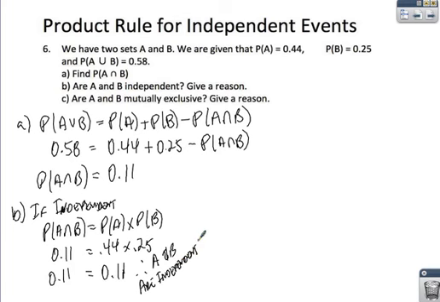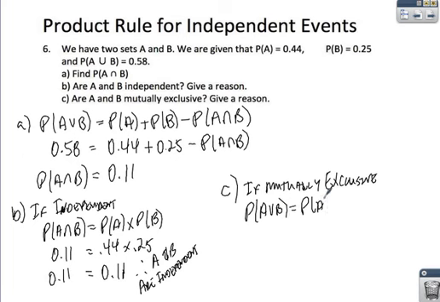Okay. In C, two events can't be both independent and mutually exclusive, so we already know our answer for C, but we'll do the process anyways if we didn't know. If they were mutually exclusive, they must satisfy the formula for mutually exclusive events, which is P(A union B) must equal P(A) plus P(B).